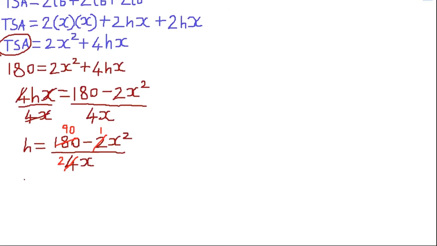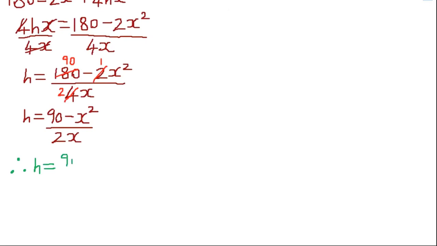So that's how it will be. So therefore h is equal to 90 minus x squared over 2x. You even say therefore h is equal to 90 minus x squared over 2x, hence proven.